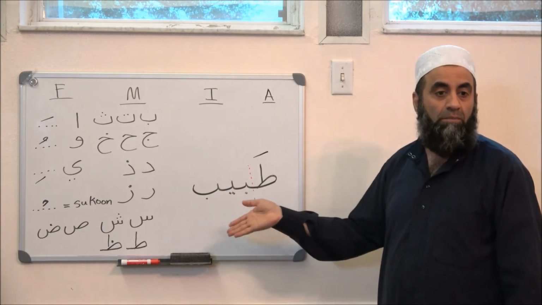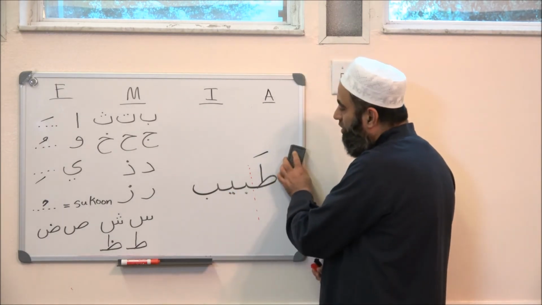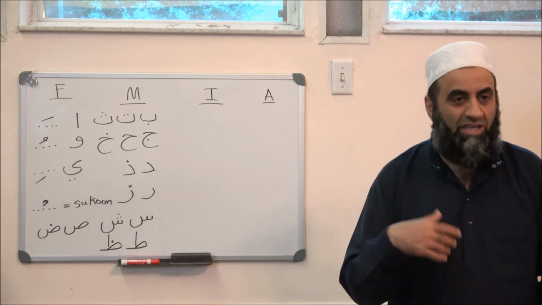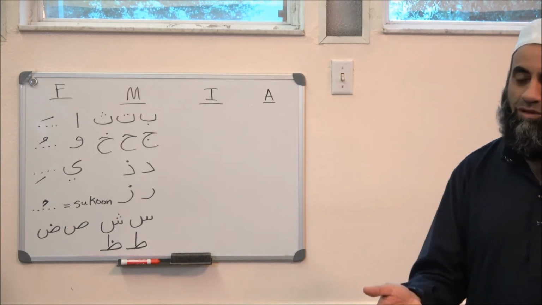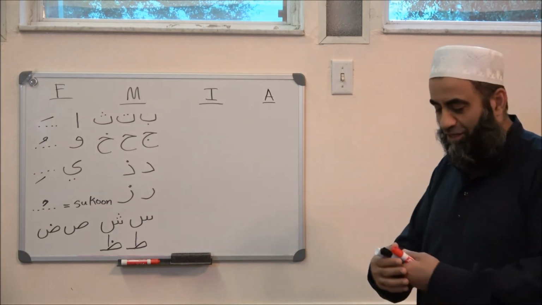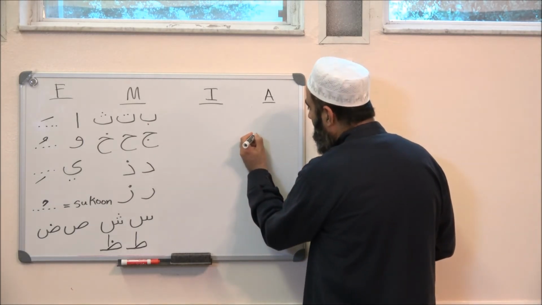Ta, bi. What do we call Muhammad sallallahu alayhi wasallam to Allah subhanahu wa ta'ala? Musa is Kalimullah. Isa is Ruhullah. Muhammad sallallahu alayhi wasallam is Habibullah. So let's write the word Habib.